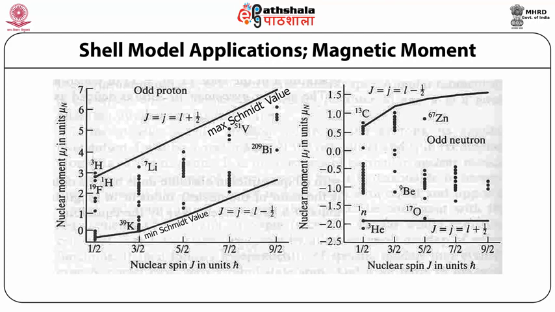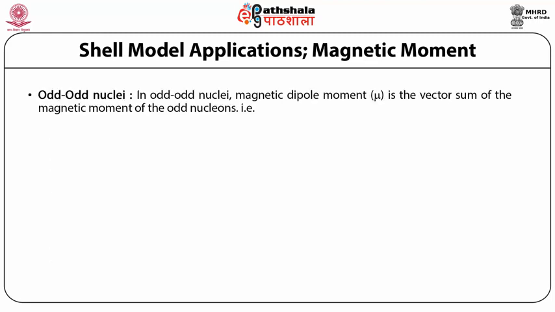We again find that the experimentally observed magnetic moment for odd neutron nuclei fall within these two lines. So, it means that Schmidt values or the shell model predicted values basically define the limiting cases of magnetic moment for various nuclei.